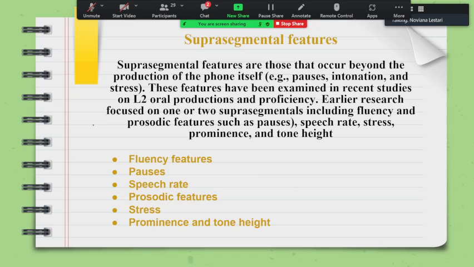The following section provides a detailed description of the suprasegmental features most commonly used in both second language speaking and oral assessment studies. The first is fluency features.